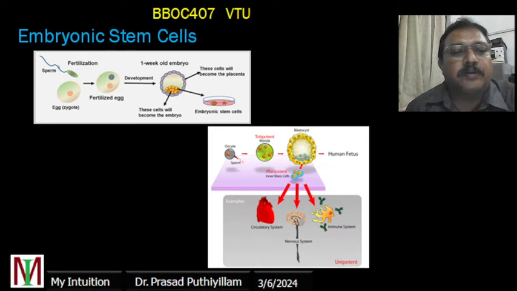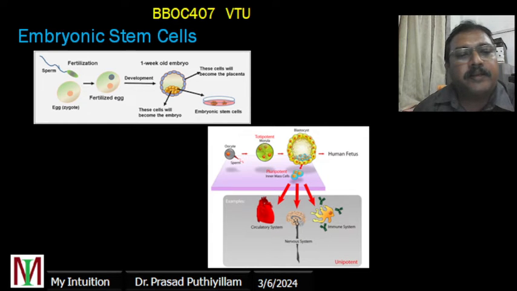Okay, so within 3 days of that fertilization, the joining of those, called fertilization in biology terms, a healthy embryo will be formed, containing up to 6 to 10 cells.